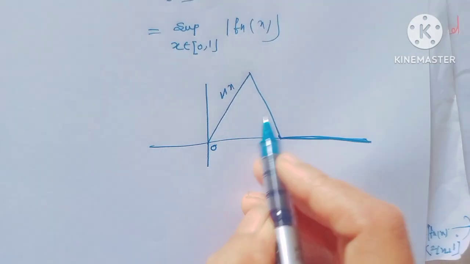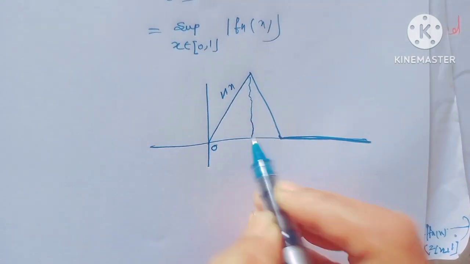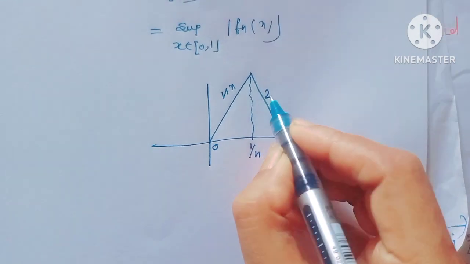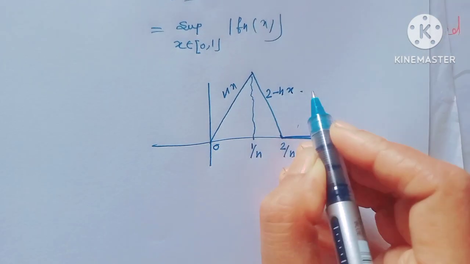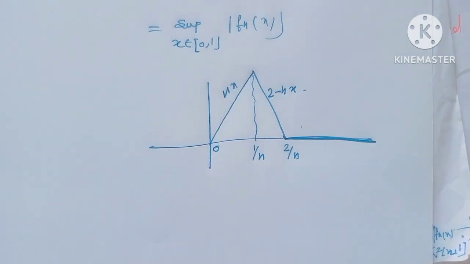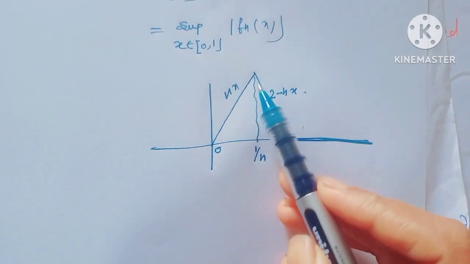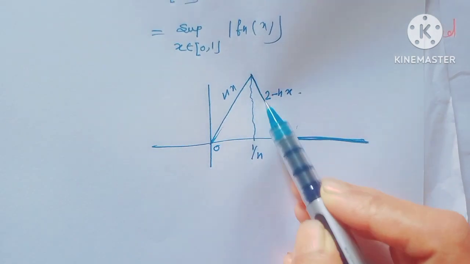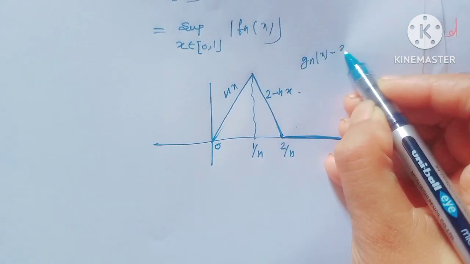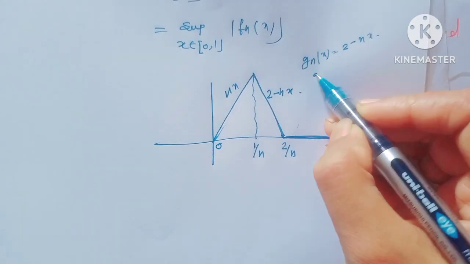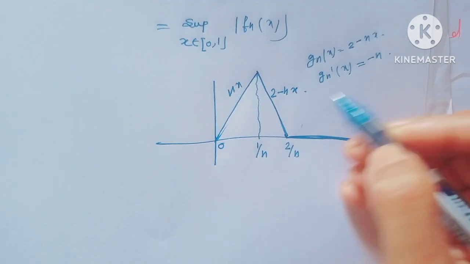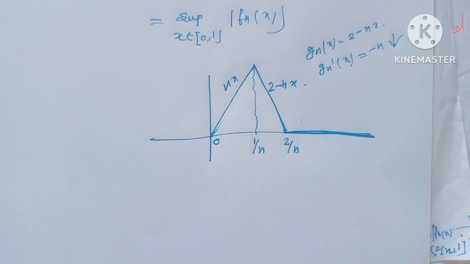Here 0, here 1 over n, here 2 over n. If gn(x) equals 2 minus nx, then gn'(x) equals minus n, so this is decreasing.